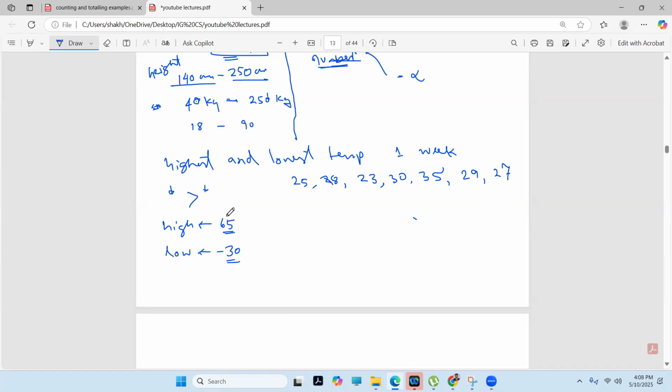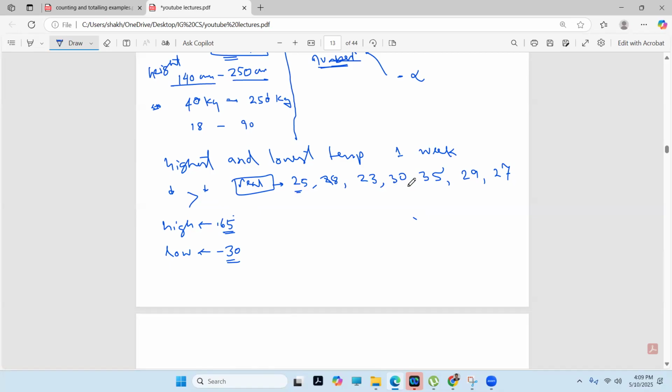Initially, your starting temperature is 65. So 65 will compare with 25. 65 is greater. These are the real temperatures from the user, and this is a programmer assumption. 65 will compare with 28, still 65. Then 23, still 65.